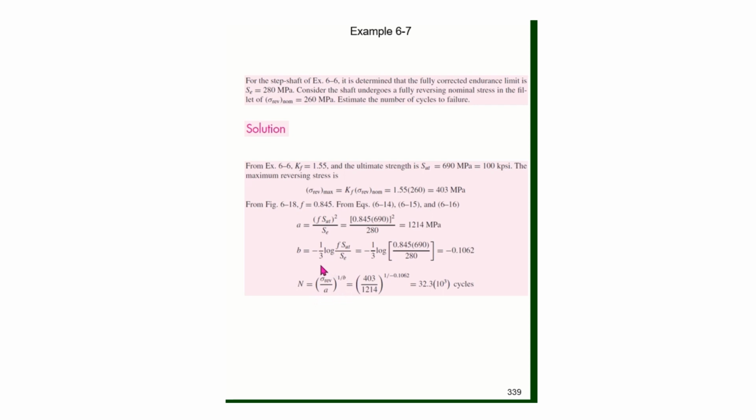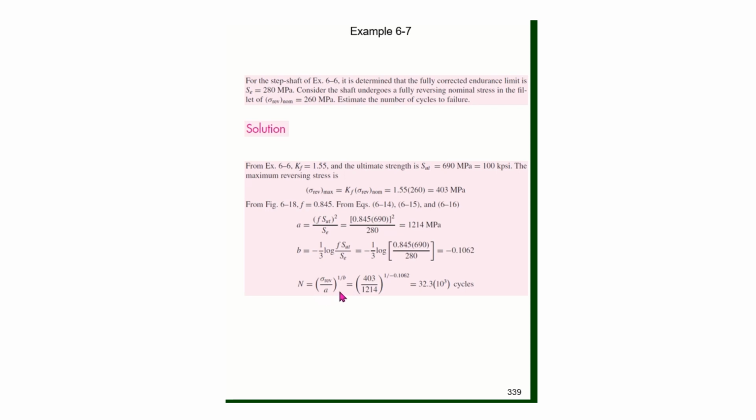Now we can compute N. This is an important equation for you to be familiar with. Here we have solved the expression SF equals AN to the B for N, and doing that, we get sigma rev over A, all raised to the power 1 over B. This sigma rev is what we note as the reversed stress, or the completely reversed stress.